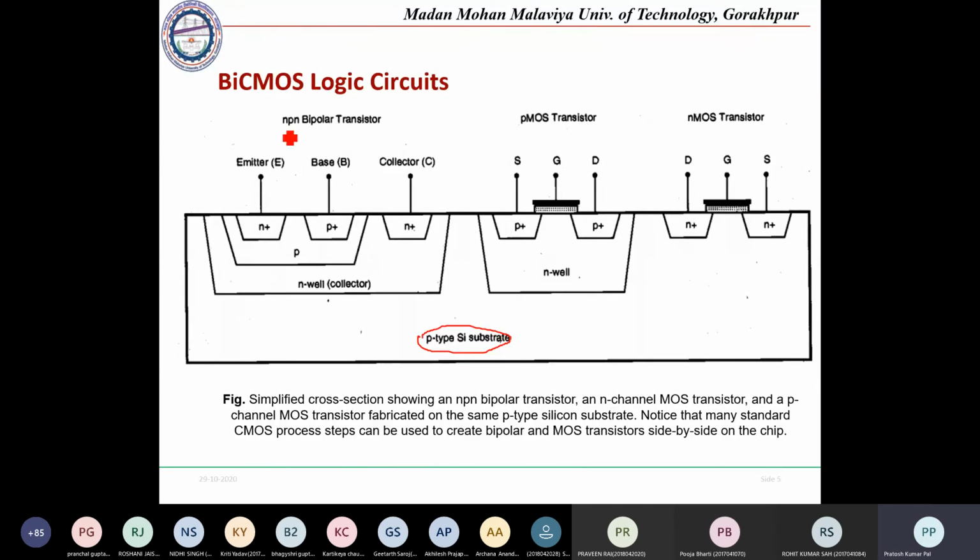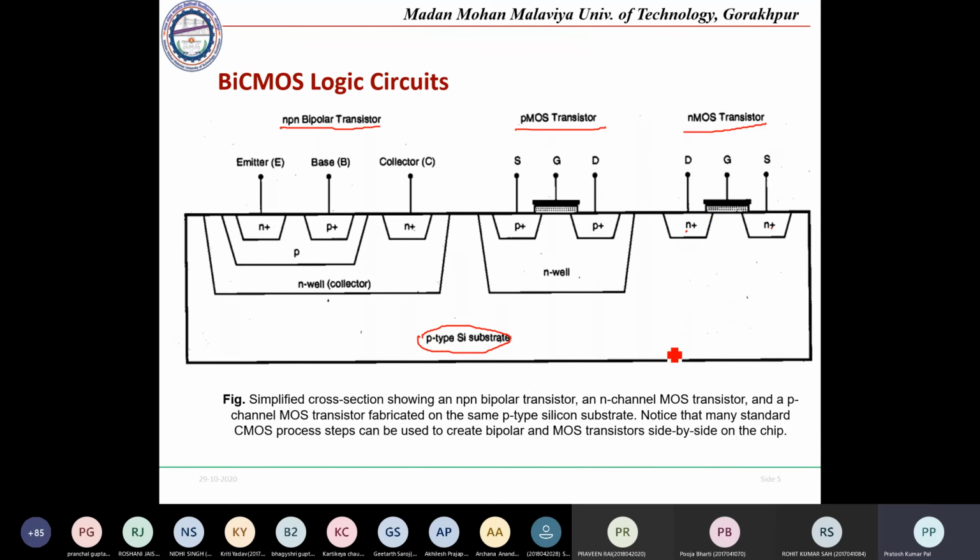Here we are going to fabricate an NPN BJT, a PMOS transistor, and an NMOS transistor. The NMOS transistor will be fabricated on the P-type substrate. As we have taken the P-type substrate, we can directly deposit N plus regions for source and drain, and then the oxide and gate, and we have an NMOS. So NMOS is created.